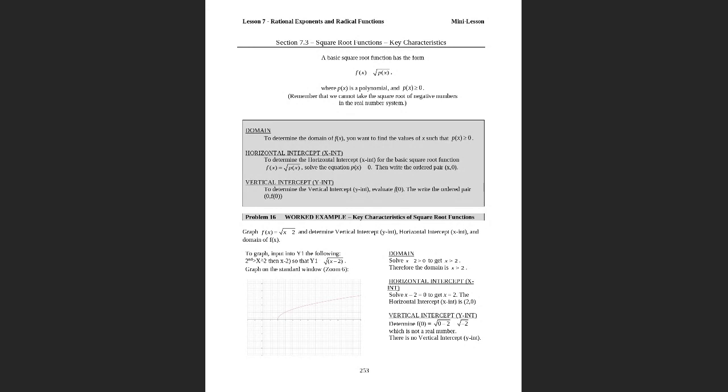So my p of x is what? X minus 2. Now we are supposed to find the y-intercept, the x-intercept, and the domain of f of x. Okay, so let's go to the whiteboard.